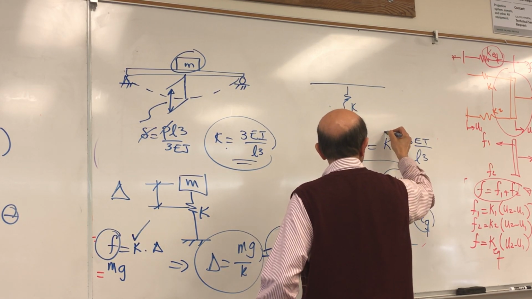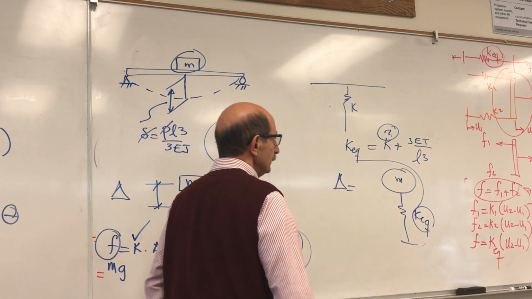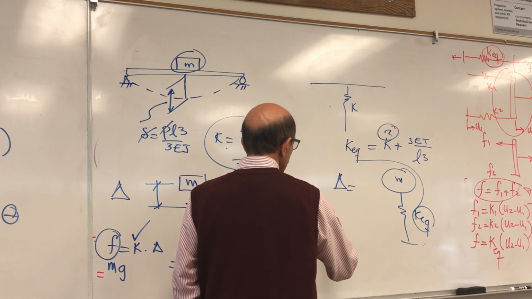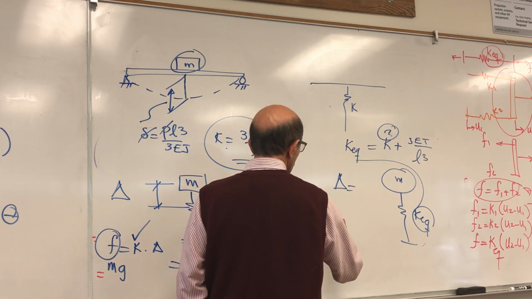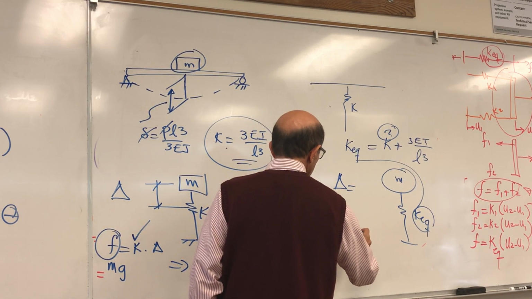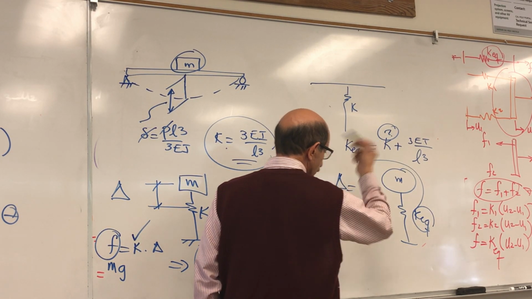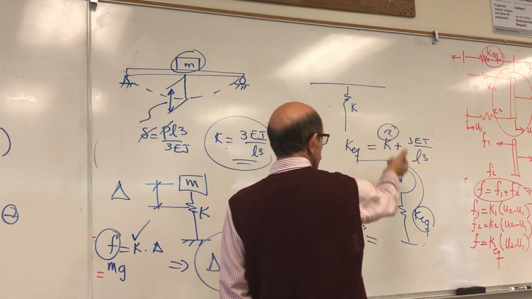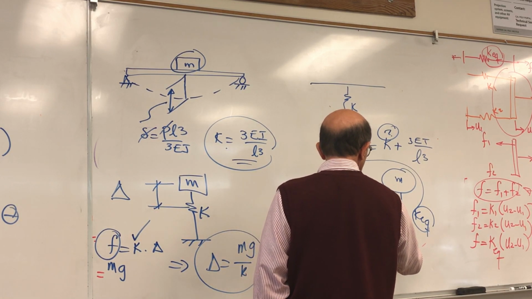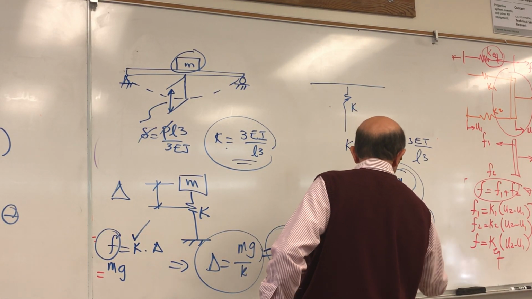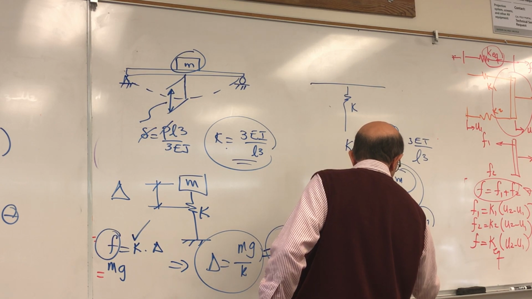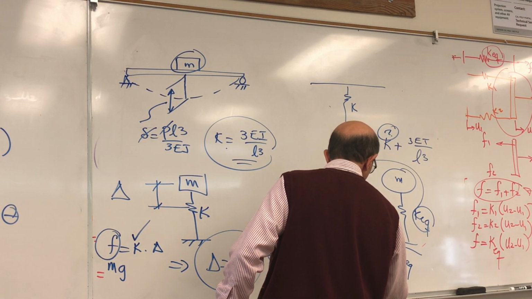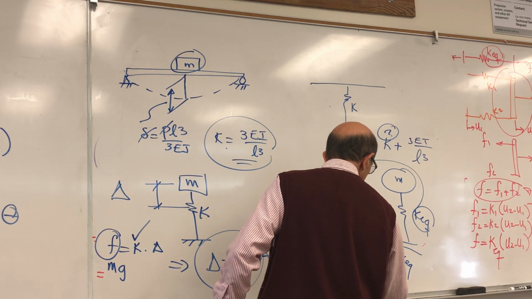If it is reduced by 25%, that is 3 inches minus 25% times 3 inches, that is going to be the new displacement, which is mg over this K plus the K equivalent, where K is 48EI over L cubed.